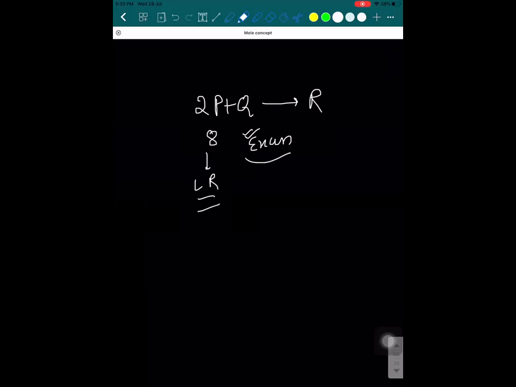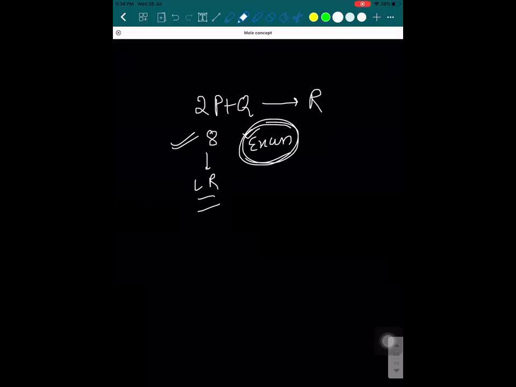In C2, what are we having? For the reaction 2P plus Q will give you R, 8 mole of P and excess of Q are given. If it is 8 mole of P and Q is in excess, then who is the limiting reagent? P, yes or no? If they are already giving in the question, the examiner is shouting at you that it is excess and it is limiting.